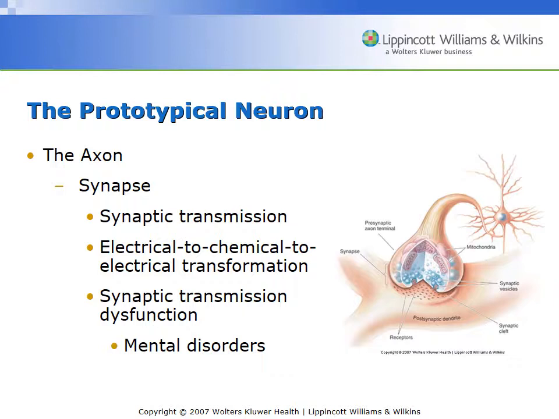It is a tightly bound area that allows the information to be transferred from one cell to another through a synaptic transmission. That's a chemical transmission. So when an electrical impulse travels down the axon, it reaches the terminals and it triggers the release of chemical signal that crosses the synaptic cleft. Okay, these are neurotransmitters.